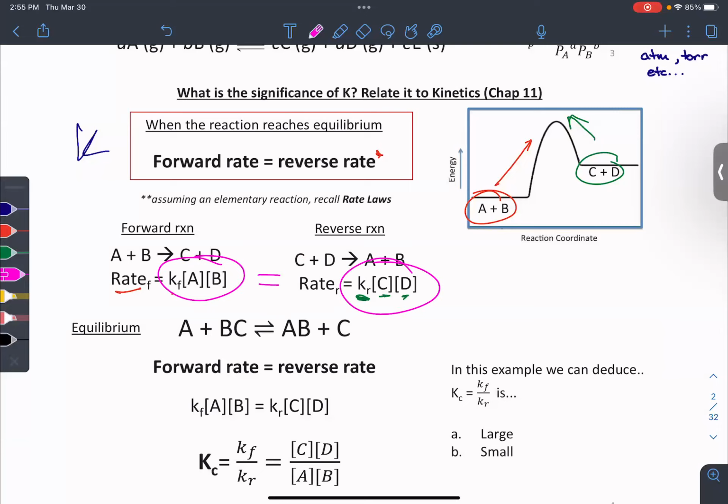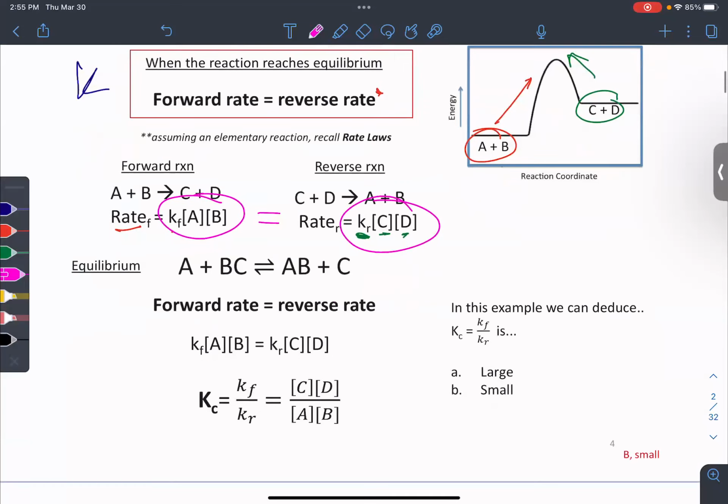Well, if you look closely and rearrange things, this is what you'll see. Forward rate equals reverse rate. If I put together my rate constants and push the concentrations of other things to the other side, I can rearrange things to say the ratio of the forward rate constant over the reverse rate constant equals the concentration of products over reactants.